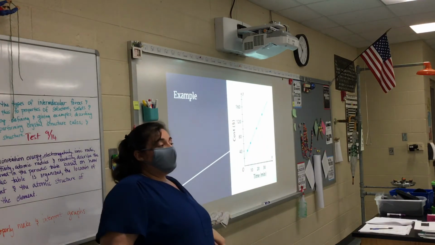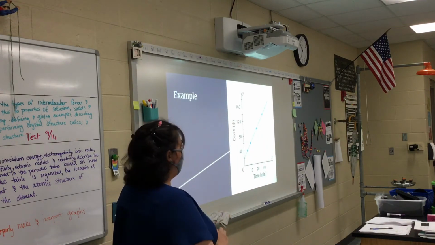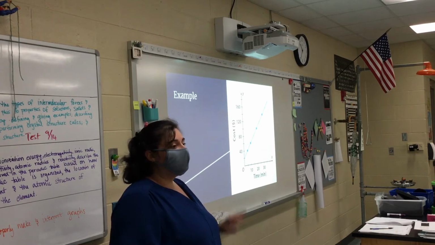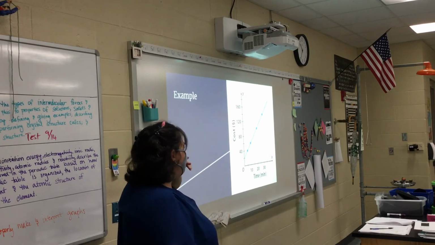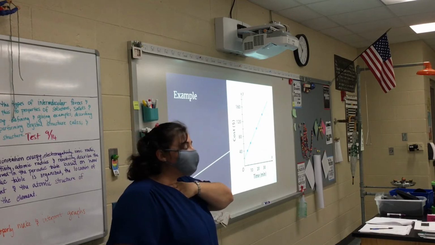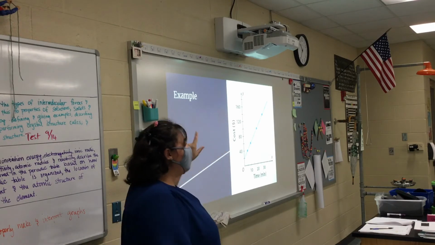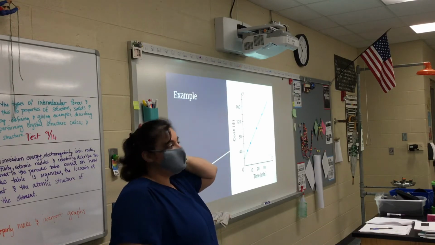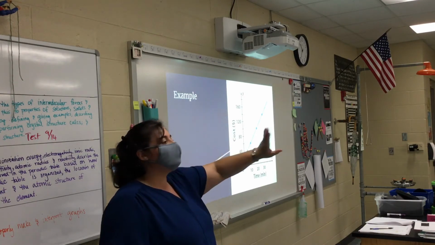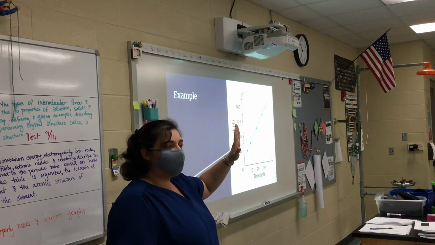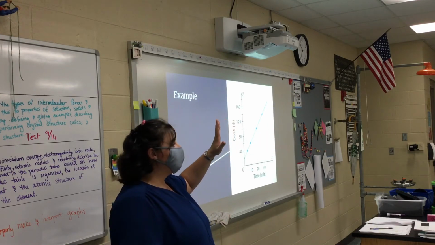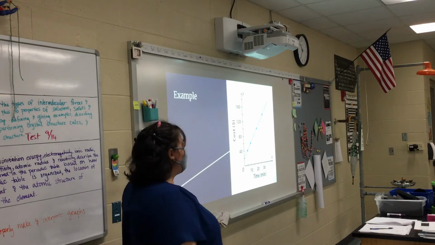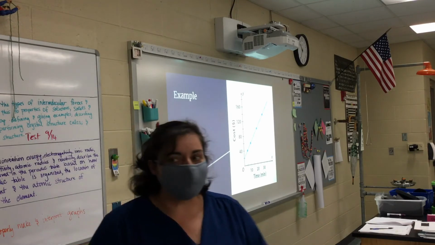So let's do one with units. All right? Okay, so how about if I give you a minute to calculate the slope? And then I will put my calculation up here. Unless, is there anybody that needs me to go over it again? Okay, so take a minute, calculate the slope, and then I'll put my answer up there.